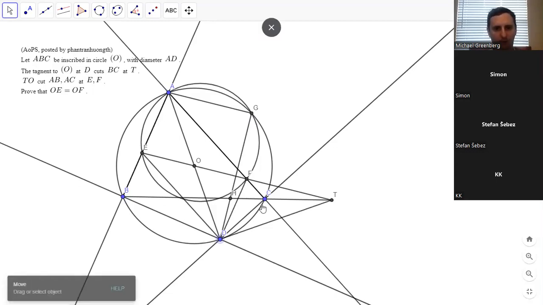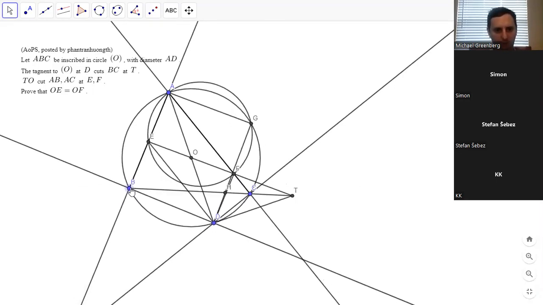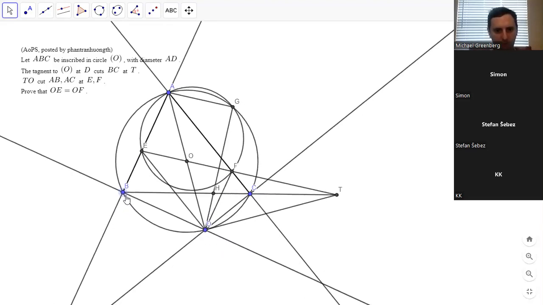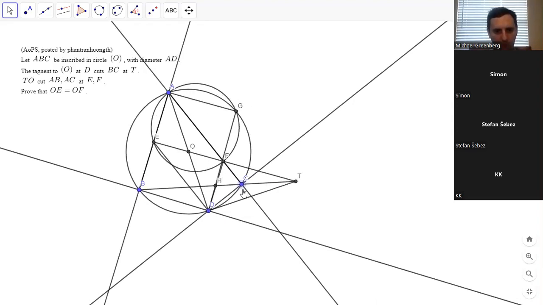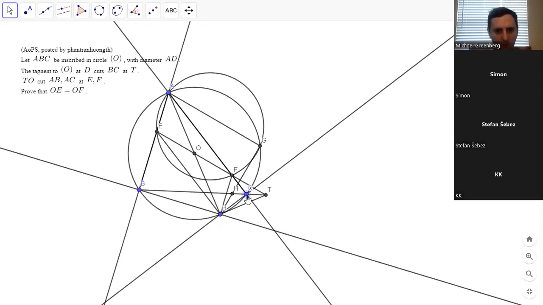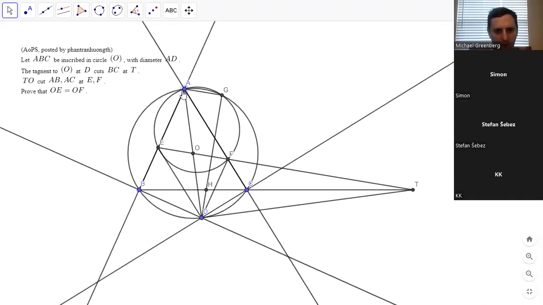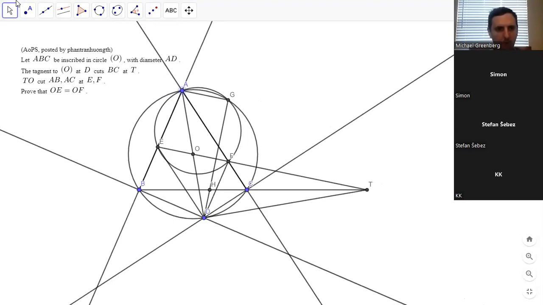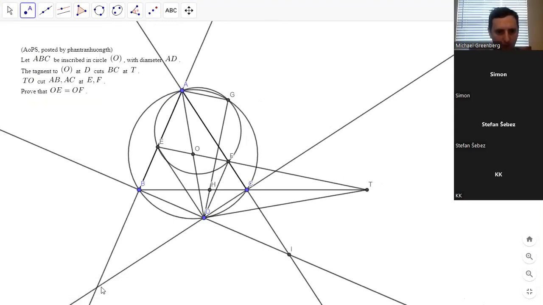Oh, whoops, D I can't move, but I can move the rest. Let me see, how does that look. A little better.